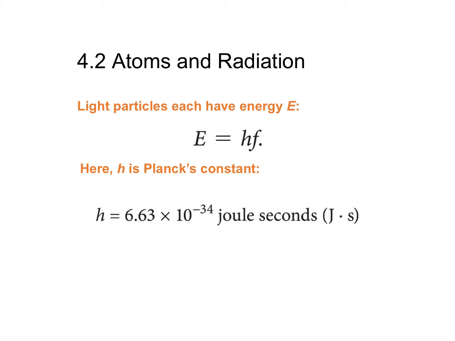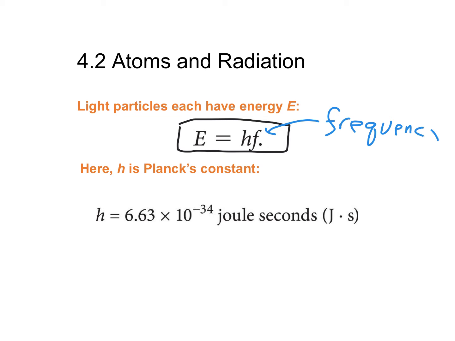And the equation that we can use is this equation here. The energy is equal to this constant value h, which is called Planck's constant, times the frequency. So this f stands for frequency, and the E stands for energy, and this h value here is Planck's constant.